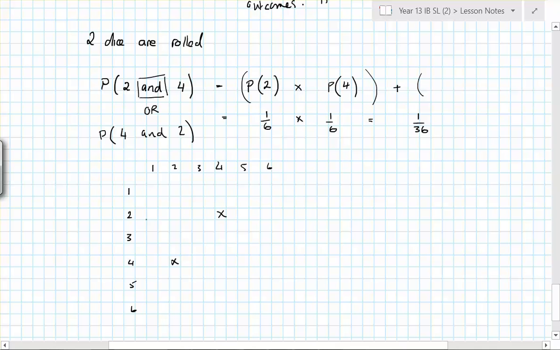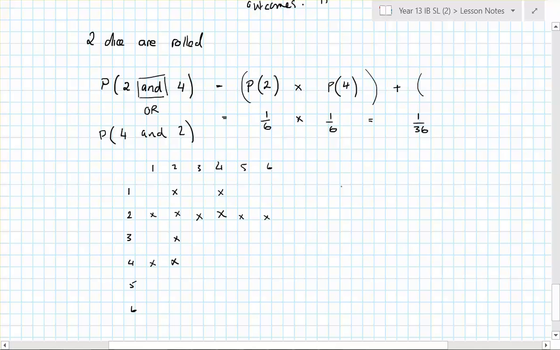I could get a 1 and a 2, a 1 and a 4, a 2 and a 1, 2 and a 2, 2 and a 3, 2 and a 4, 2 and a 5, 4 and a 2, 4 and a 1. All of these options are a 2 or a 4. Do you understand the difference?